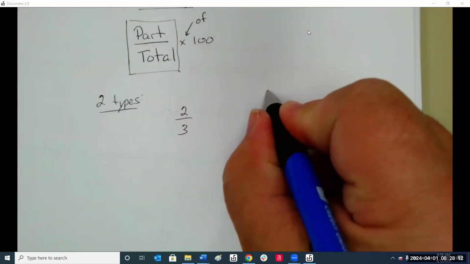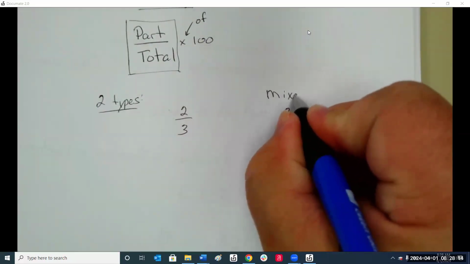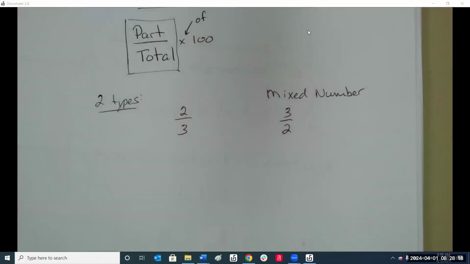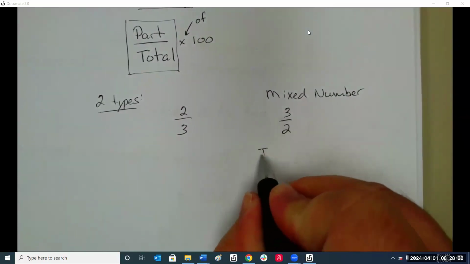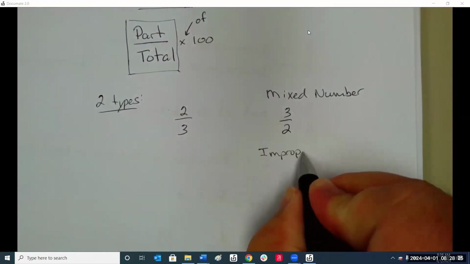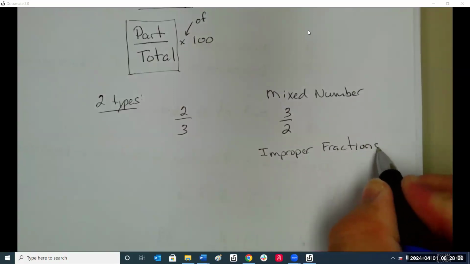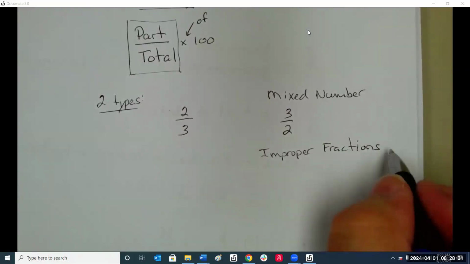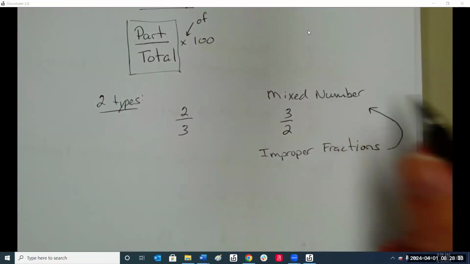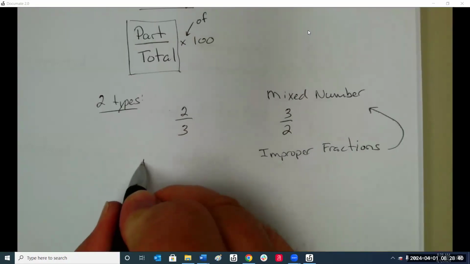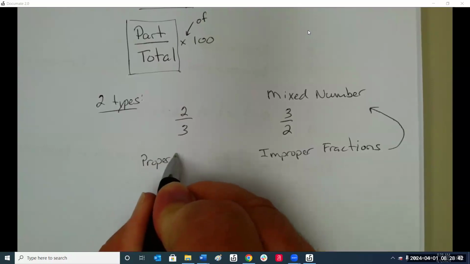These are called mixed numbers. Well, not really just yet, but they define mixed numbers. They're actually called improper fractions. Improper fractions lead to mixed numbers. 2/3 is called a proper fraction.